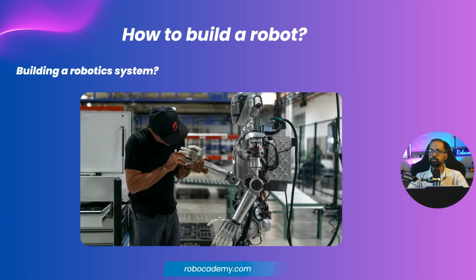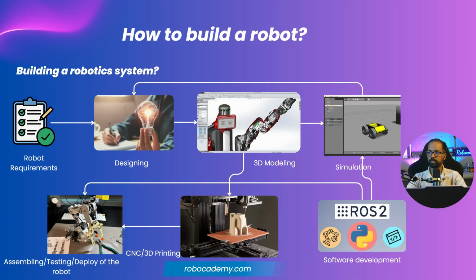So we are going to check how we can build a robot. In the next slide, you can find different stages that we have to go through for building a robot, and not only building, for deploying a robot. So let's start.